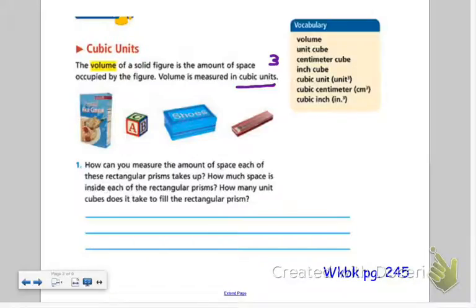How can you measure the amount of space each of these rectangular prisms takes up? How much space is inside each of the rectangular prisms? How many unit cubes does it take to fill the rectangular prism?